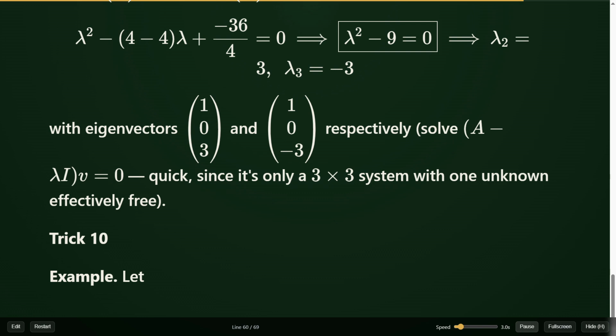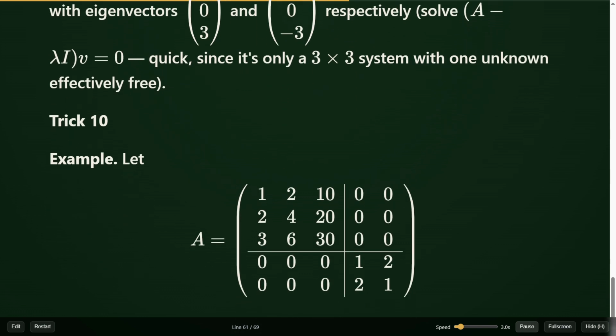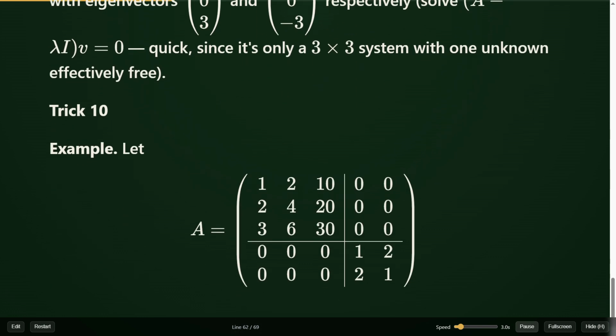Okay, this is the last trick, where we are considering a 5 by 5 matrix A. The only thing is the 3 by 3 submatrix and the 2 by 2 submatrix are simple and already considered in our earlier tricks, and therefore it is interesting to find out all the eigenvalues of this 5 by 5 matrix.